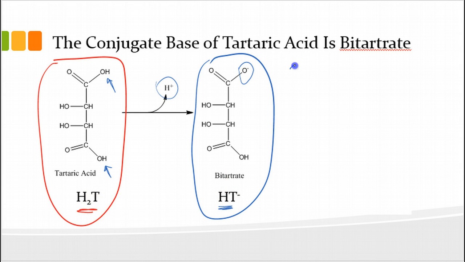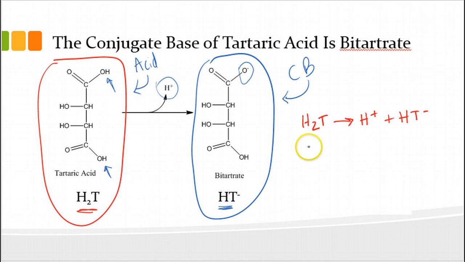All right, so the conjugate base is here, and the acid is here. And remember, we said that there's an equilibrium that gets set up that tells us how strong the acid is. So there are two equations. If H2T, tartaric acid, loses a proton, it leaves behind bitartrate, HT minus. And that proton gets picked up by water.